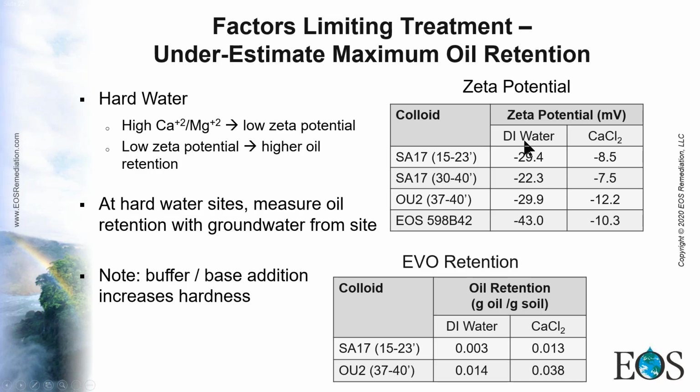So here, in DI water, the oil droplets have -43 millivolts and the sediments -20 something, so maybe that's a repulsion of 60 millivolts. In the presence of calcium chloride, the zeta potential is a lot lower, so there's a lot less repulsion between the oil drop and the soil. It's a lot more likely it's going to bump into it and stick.